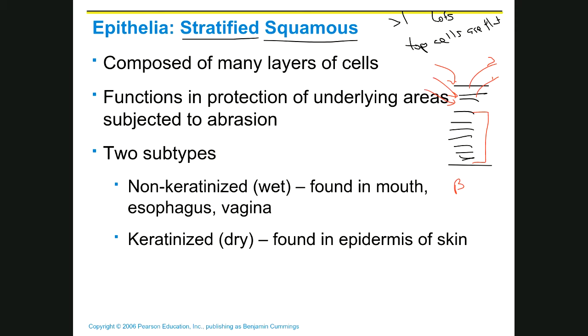And so the function of all stratified tissues is protection. It protects the underlying tissues, the underlying areas. And you find it in places where abrasion happens, rubbing, scratching, some sort of abrasion.